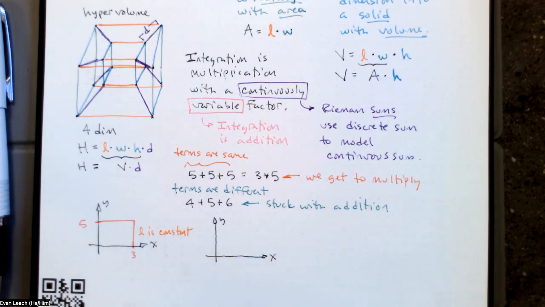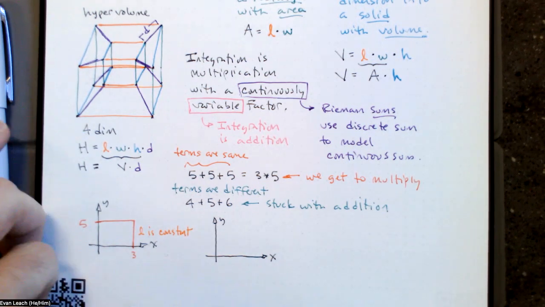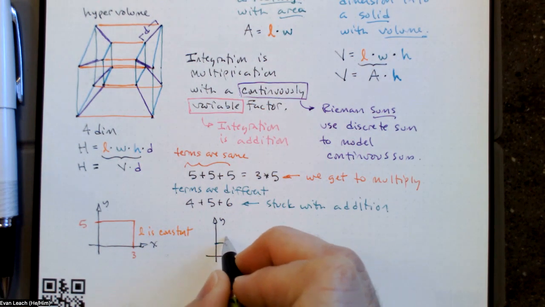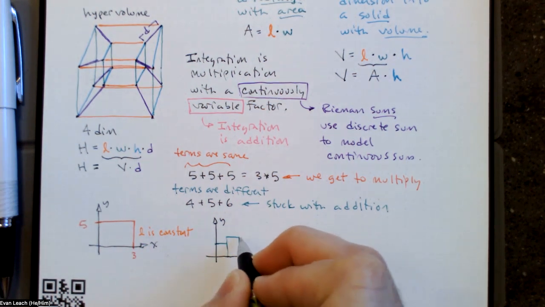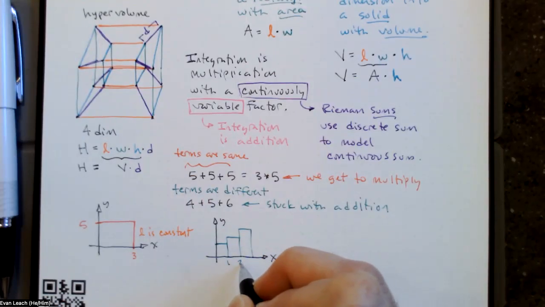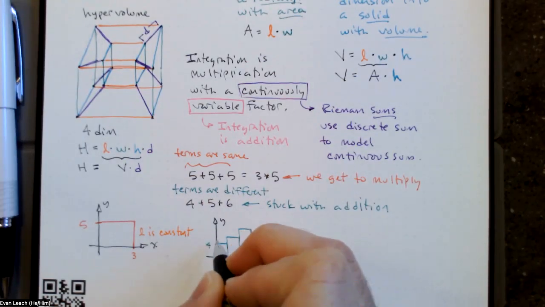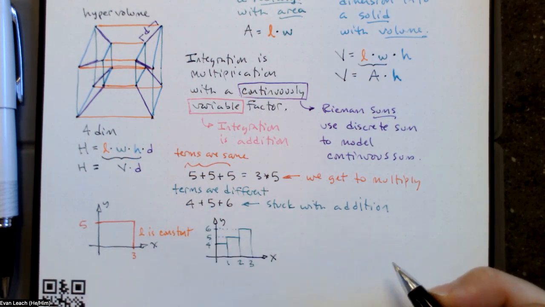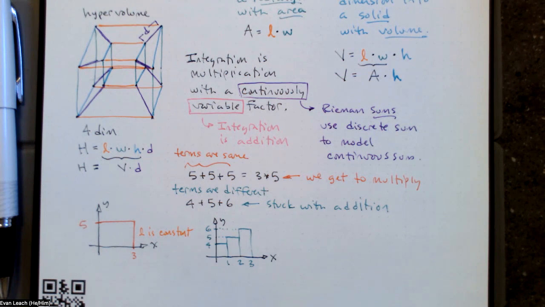However, if we have different values for our length, our length is variable.